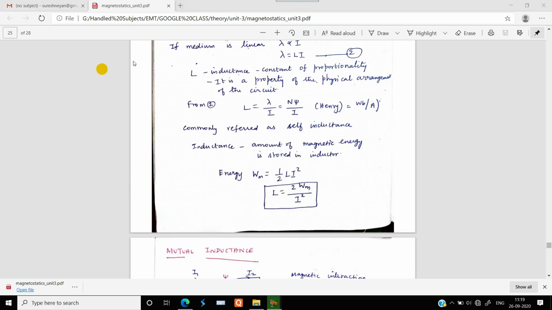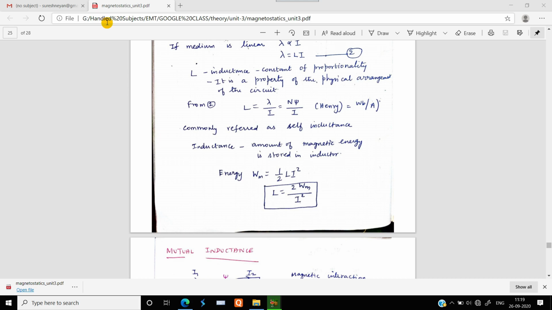Since we have only come across the flux linkage of that particular magnetic circuit, that is, by applying the current in a particular coil, that magnetic field is going to link with that coil itself, then that produced inductance can be a self-inductance.